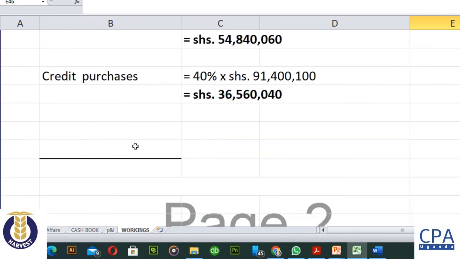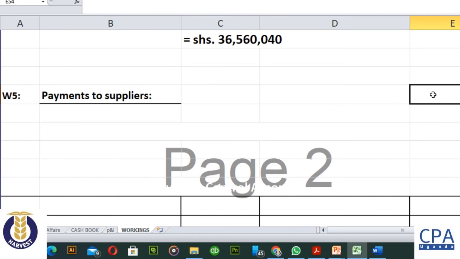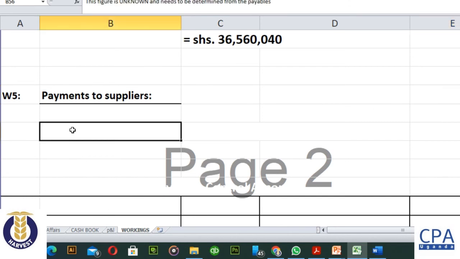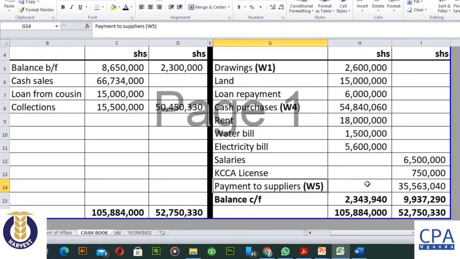Finally, you can proceed to determine in working number 5 the total payments that were made to the suppliers. Okay, this is a good starting point to arriving at the payments made to the suppliers. Remember, in my cash book I had working number 5.